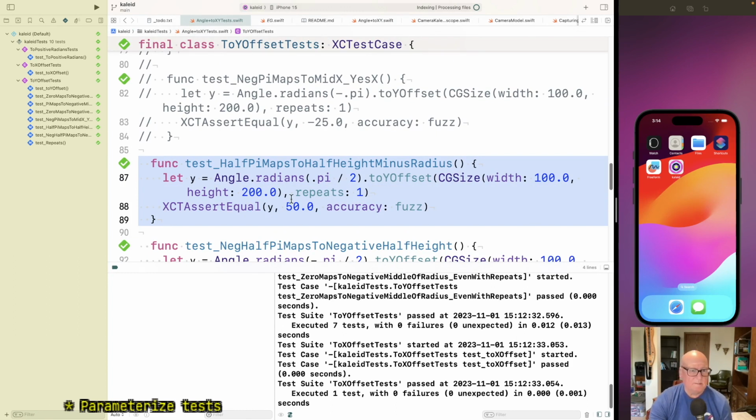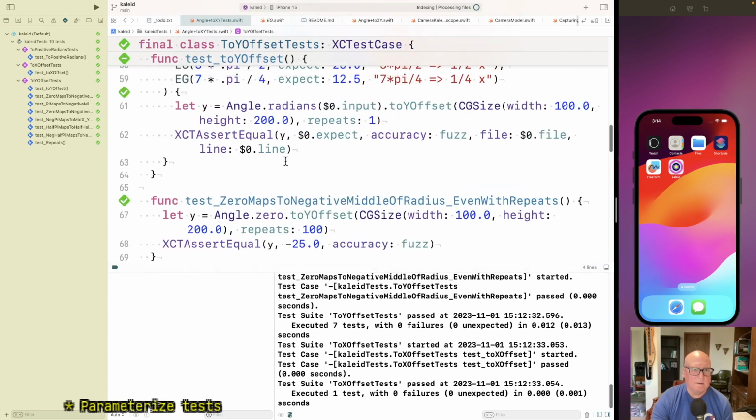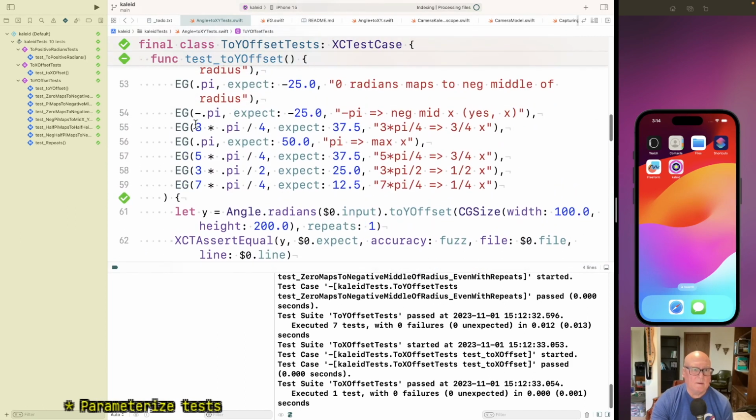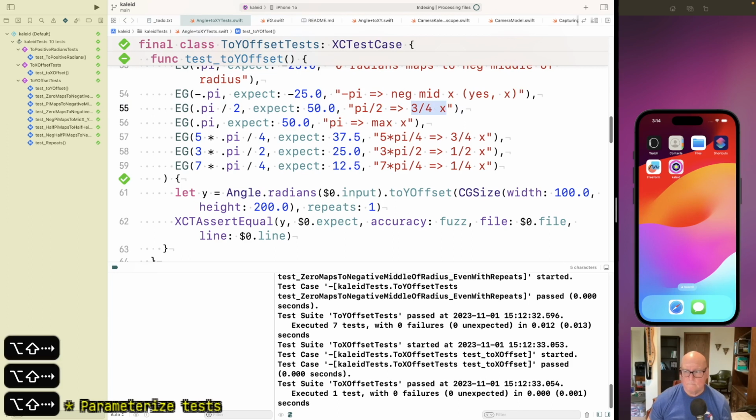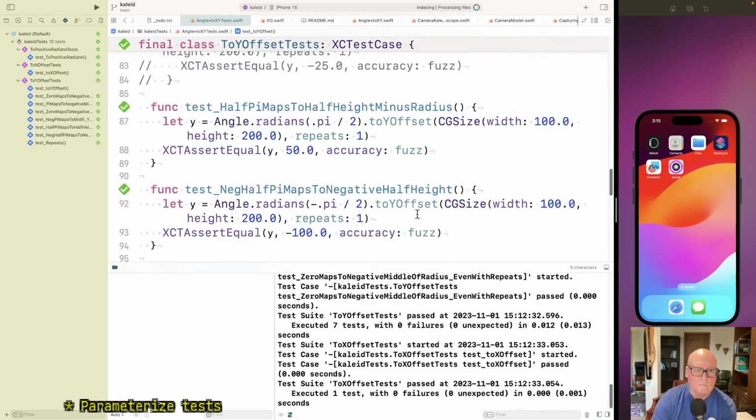Half pi maps to 50. Half height minus radius.